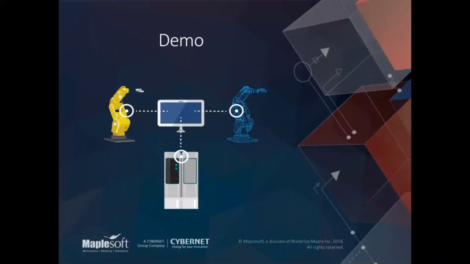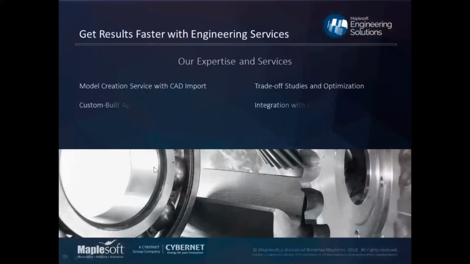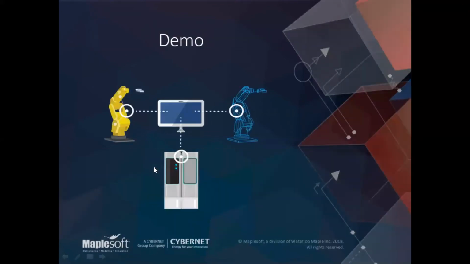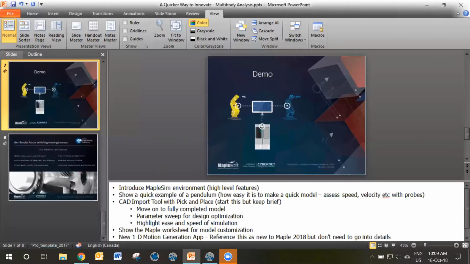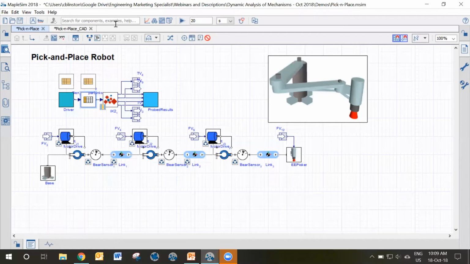So at this point, I'm going to move over into MapleSim. Right here, I have set up an industrial pick-and-place robot.